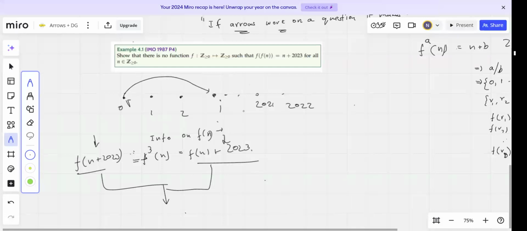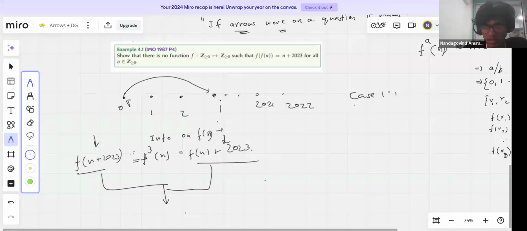Right. So there's two cases. Case 1 is I not equal to 0, or case 2 is I equals 0. Or more accurately, I just want to look between two vertices I and j.